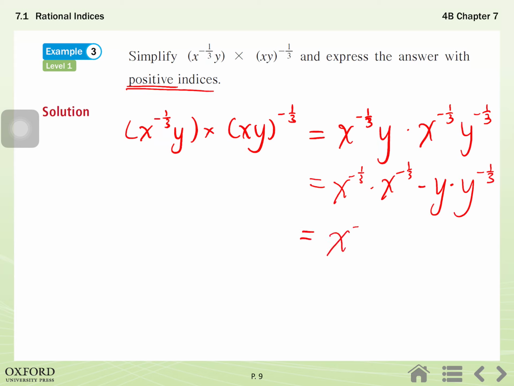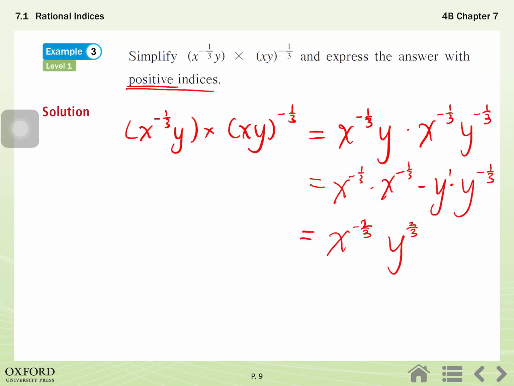This minus 1 over 3 plus minus 1 over 3 will be minus 2 over 3. And then this is 1. 1 minus 1 over 3 will be 2 over 3.